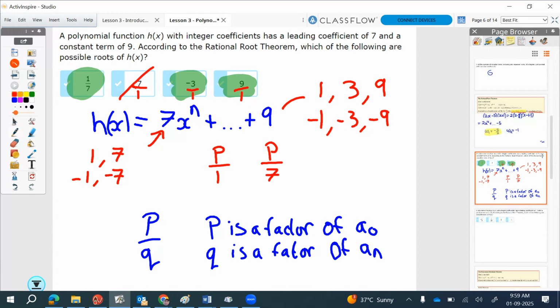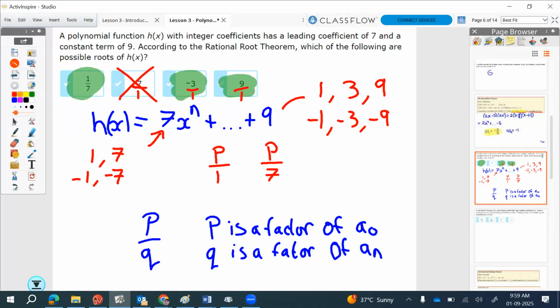In this question, we don't know the degree of the polynomial, which means we don't know how many roots it's going to have. But we do know the lead coefficient and the last term.